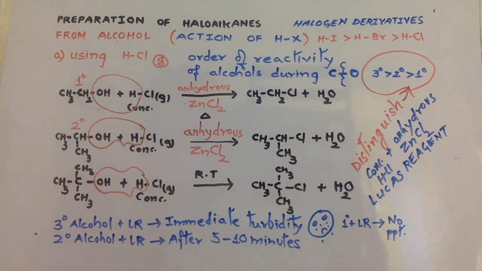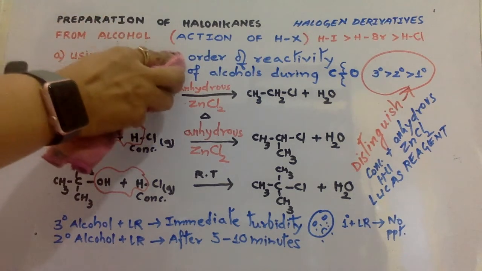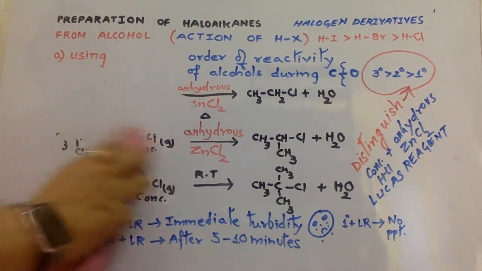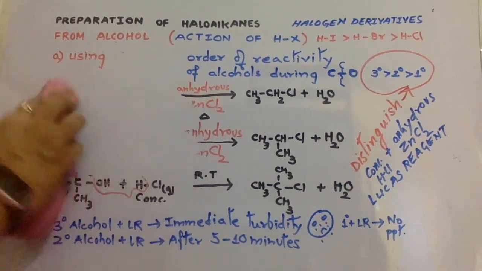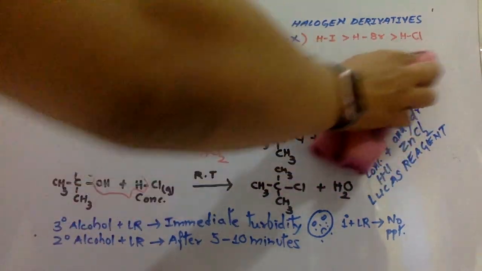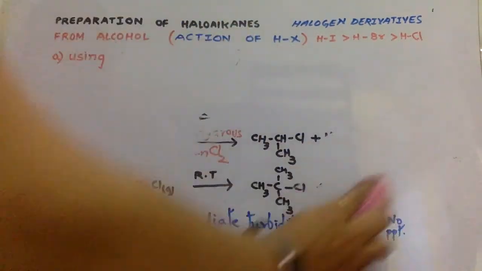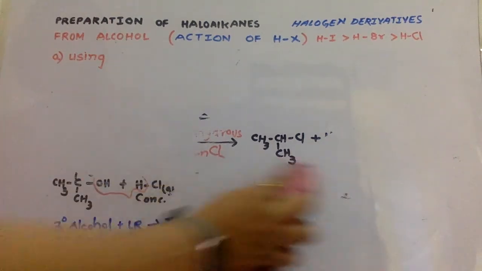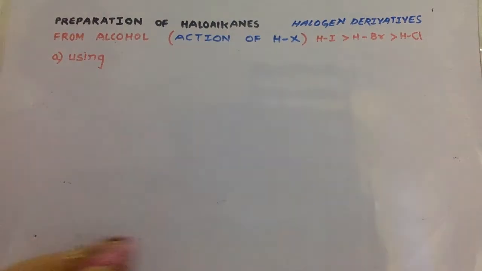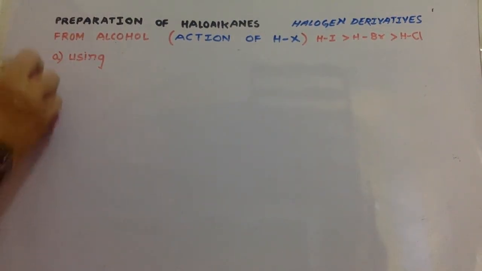With this, we move to preparation of alkyl bromides, wherein we will be making use of HBr and not HCl. And we will also see what is the difference in the reaction.